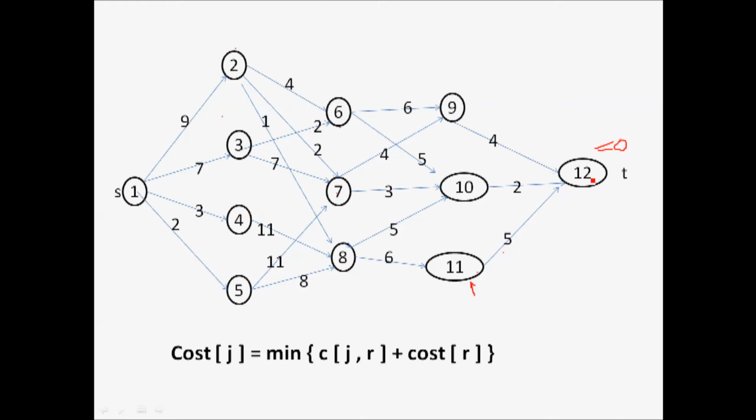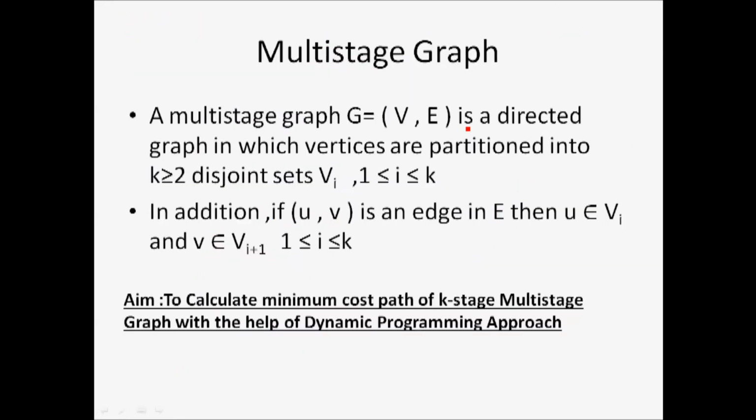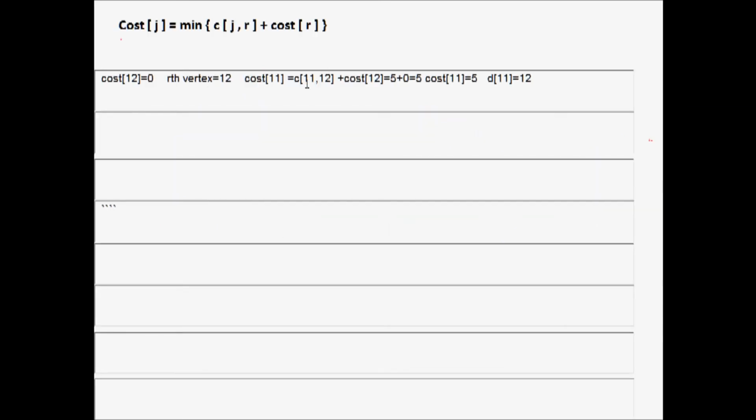Cost of 12 is already 0. Therefore c of 11, 12 plus cost of 12, which is 0, gives cost of 11 equal to 5. We are going to add that into our path array, that is d of 11 is equal to 12. That means the shortest path from 11 goes through 12.